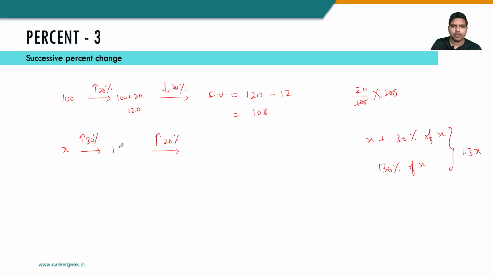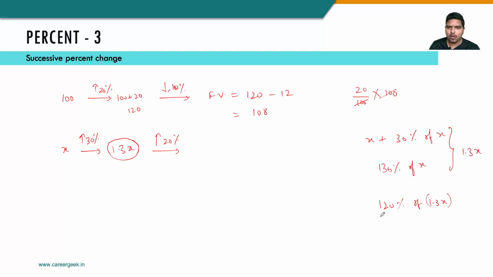Now it is important to note that this is one entire value, 1.3x. This 1.3x is increasing by 20%. It's not x which is increasing by 20%, it's this entire 1.3x. Now we have seen if some value is increasing by 20%, it becomes 120% of that value, right?